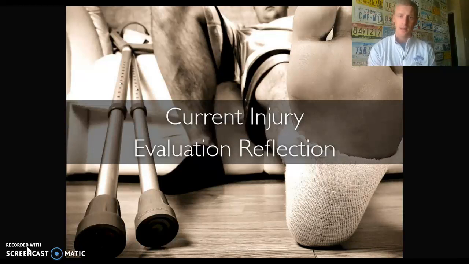In addition, once I finish a thorough history, that also incorporates history of ankle sprains and how many and how often they've had them. I always ask if they were braced or taped, how often they do that, and whether they have done that since their last injury.